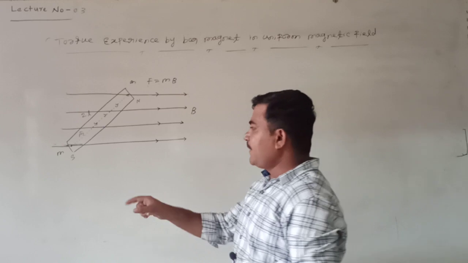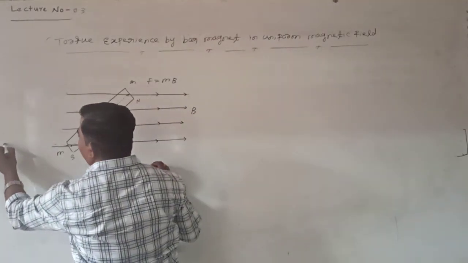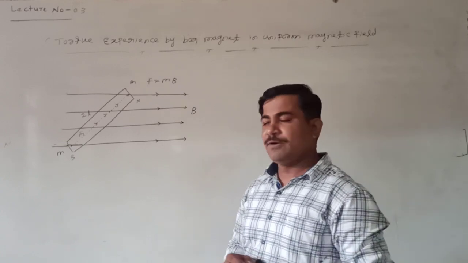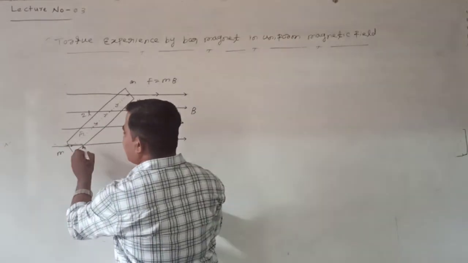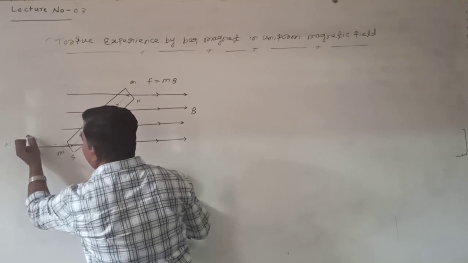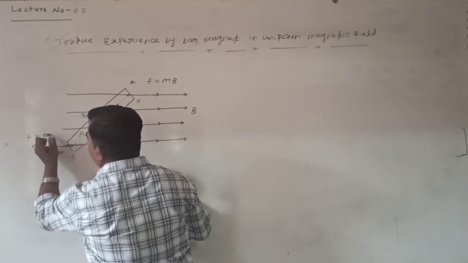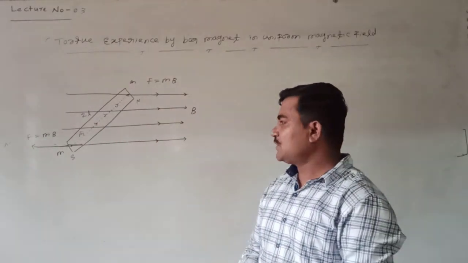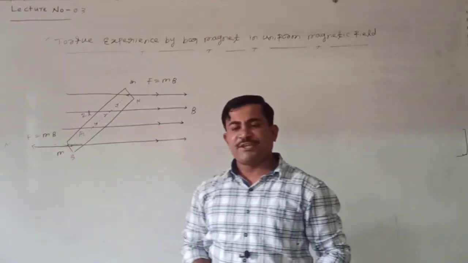Right. Similarly, because magnetic field lines travel from the north pole to the south pole, in the presence of this magnetic field, this south pole experiences a magnetic force. How much magnetic force? F is again M into B, right? Because south and north attract each other.